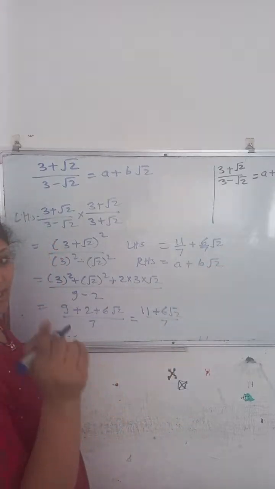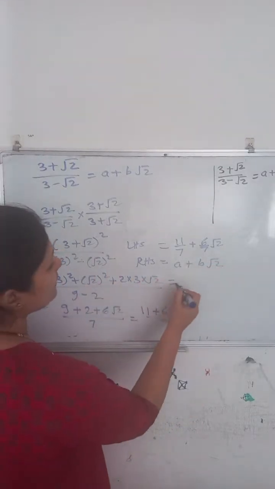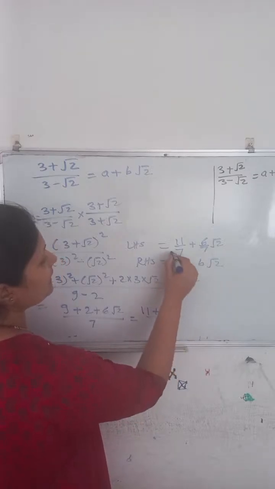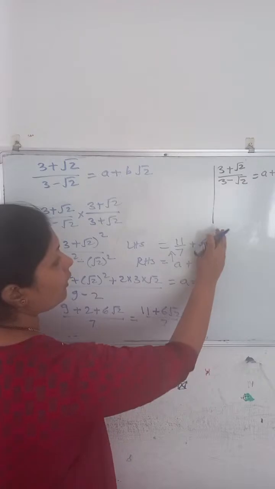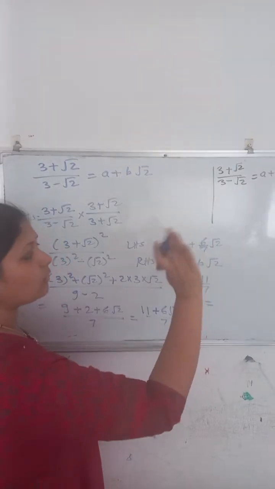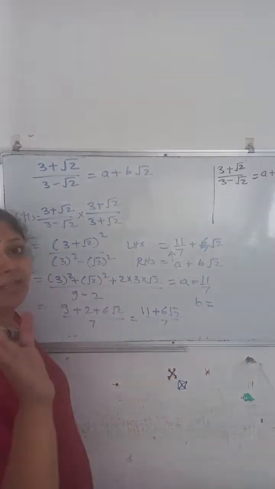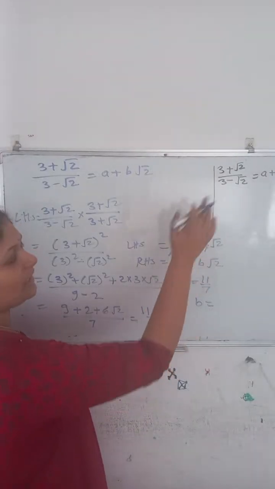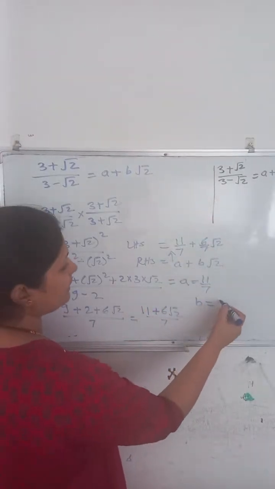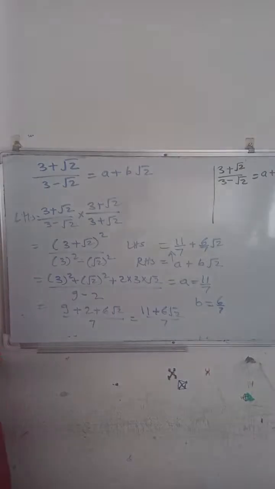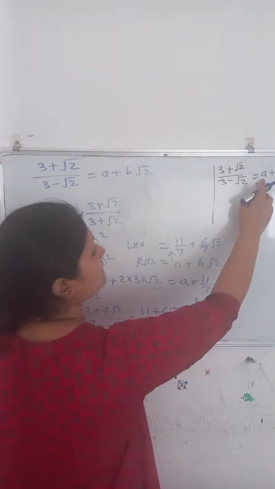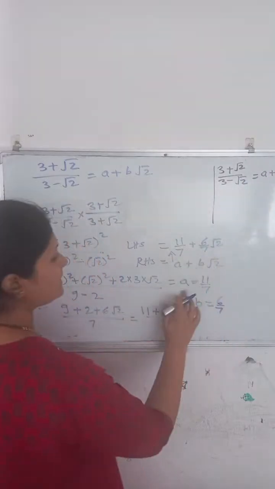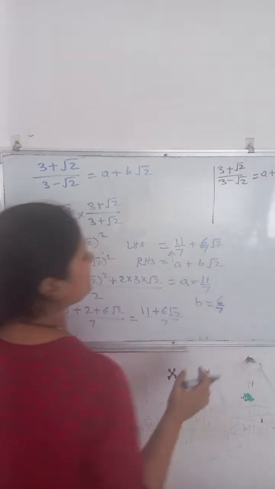If you compare LHS with RHS, then you will get a as 11 by 7 and b, root 2 is already given, so root 2 is not needed here to compare. Only b, that is coefficient, we have to compare. So b is nothing but what? 6 by 7. So this is a question and they are asking the value for a and b. a is 11 by 7 and b is 6 by 7.